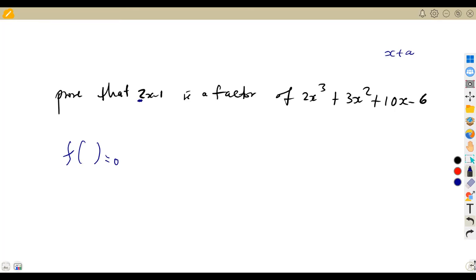The best for us is to equate 2x minus 1 equal to 0. Then you can take 2x equals 1. So that is the way we can calculate this one.